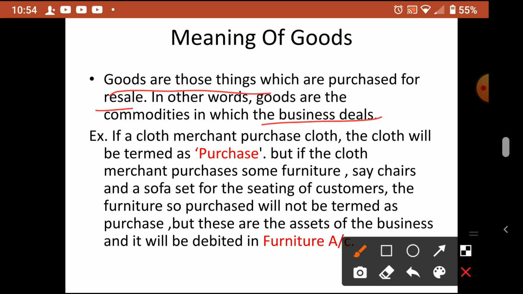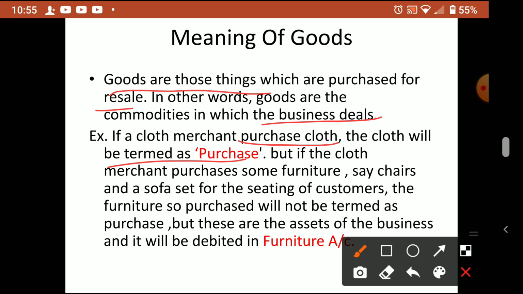If I am running a tea shop, the tea I am serving to the people, or snacks or other eatables, that is my goods. Understood? So if a cloth merchant purchases cloth, the cloth will be termed as purchase. The goods which we are dealing with are known as goods.